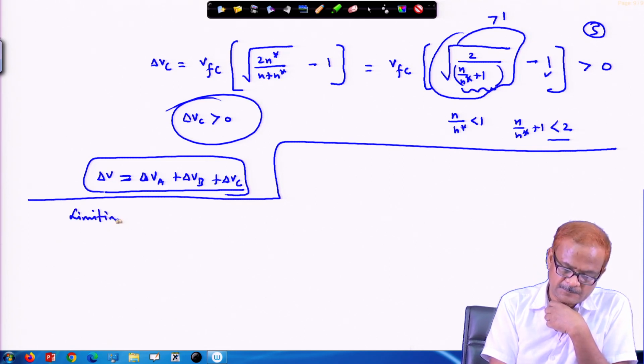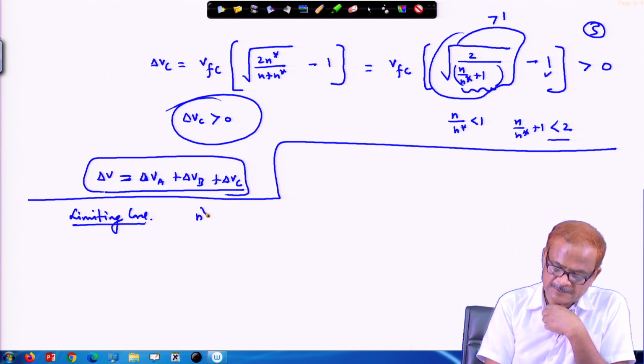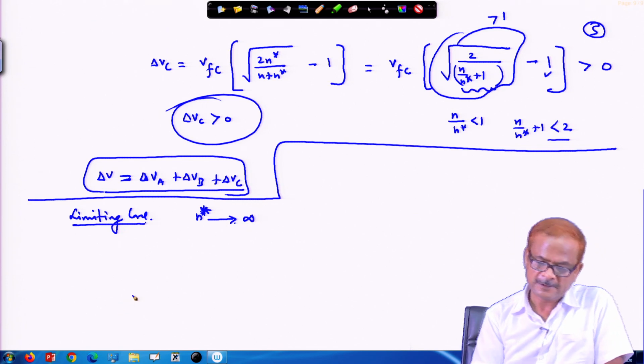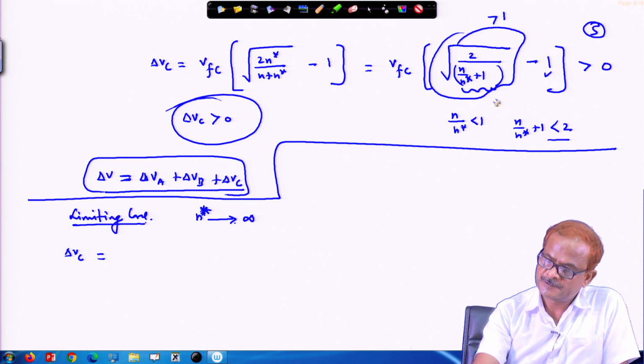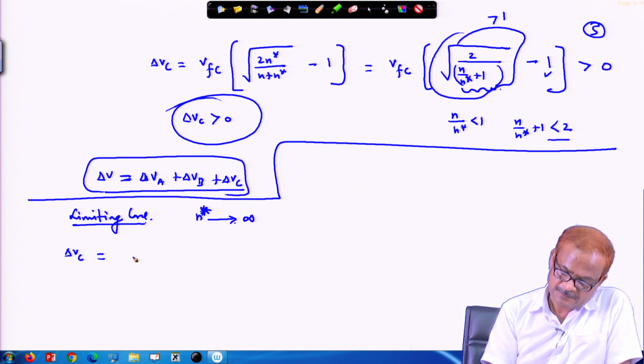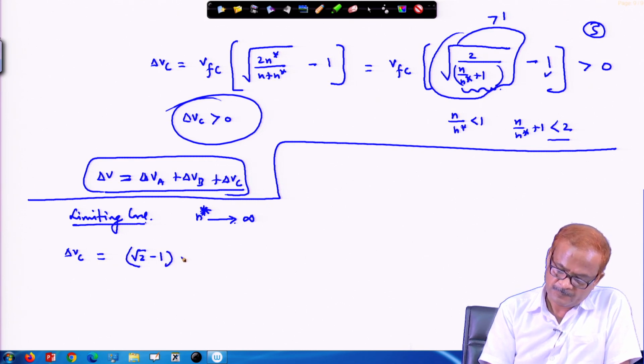Limiting case. n star, which is reflecting the intermediate orbit, tends to infinity. If that happens, then your delta V c gets reduced to, we can check from this place, under root 2 minus 1 times V I c divided by root n.